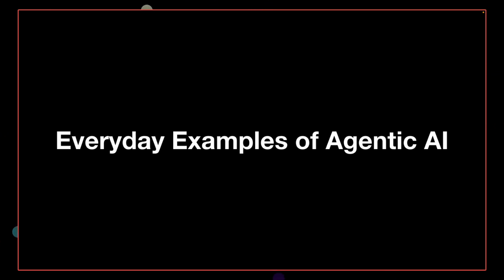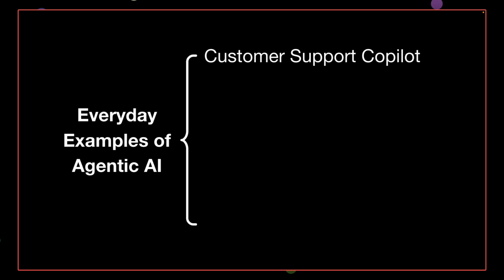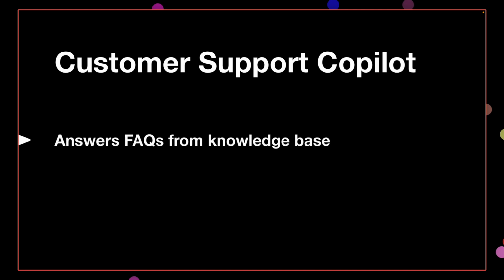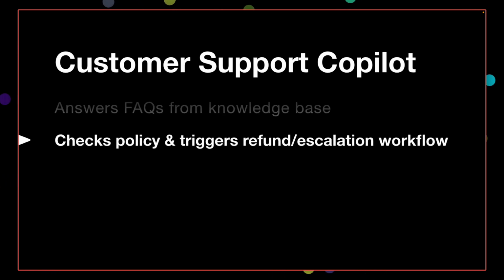So, the first example that I want to share is the Customer Support Copilot. This is one of the most relatable examples of Agentic AI. Imagine an AI which not only answers questions from the knowledge base but can also check policy, trigger refunds, and even escalate cases when necessary.